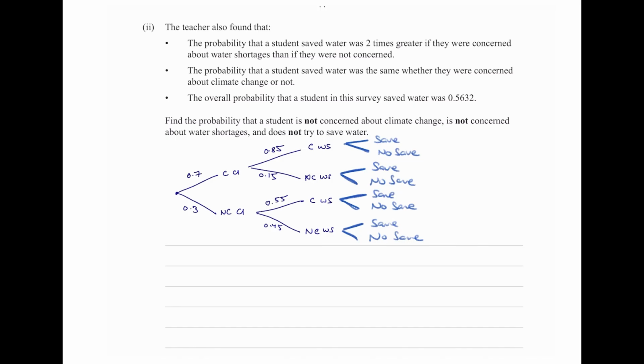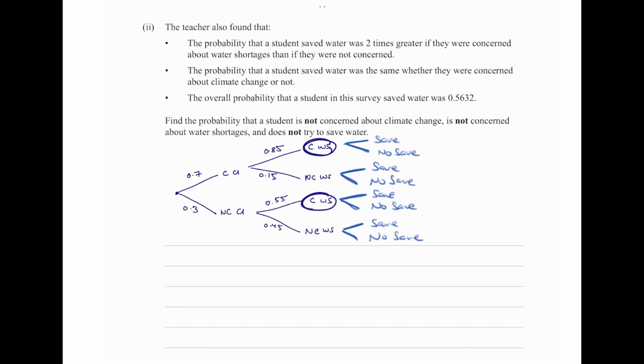So what's our probabilities now? So the probability that a student saved water was 2 times greater if they were concerned about water shortages than if they were not concerned about water shortages. So if you're concerned, essentially we care about water shortages, right?